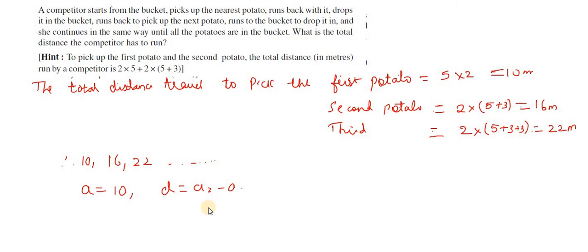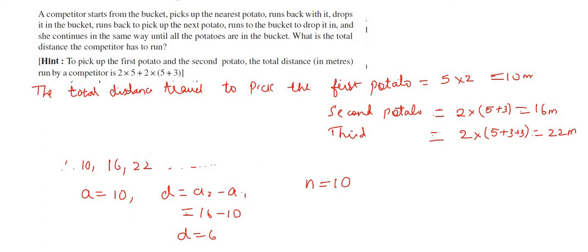So therefore our d value is 6, that is a2 is 16, 16 minus 10, so d value is equal to 6. Okay, d value we got it. Next we need to find n, the total number of potatoes. We have 10 potatoes, so therefore n value is 10.